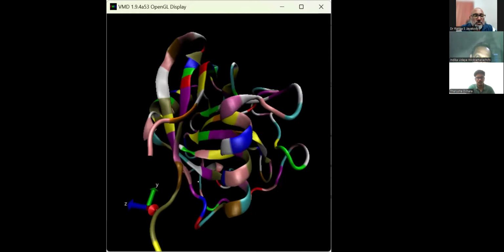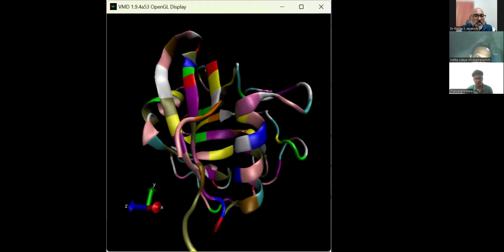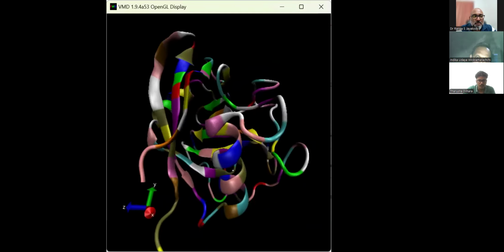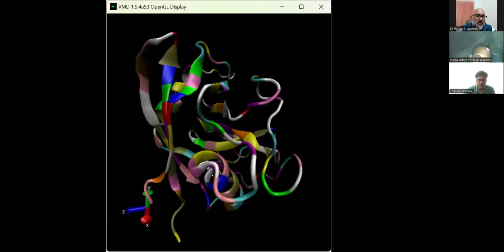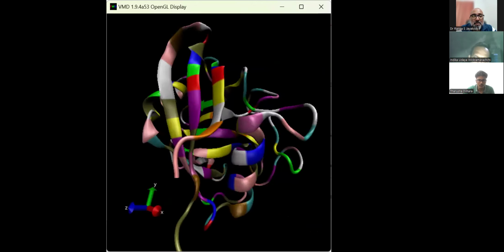Okay, so now you can see there are different what we call secondary structures. I think you can see my cursor. This is an alpha helix, and these flat sheets are beta sheets. If you want to see the actual molecules behind this, I can put another representation.